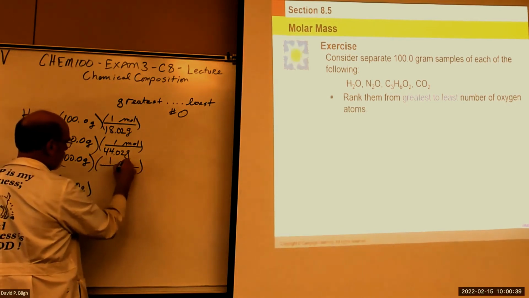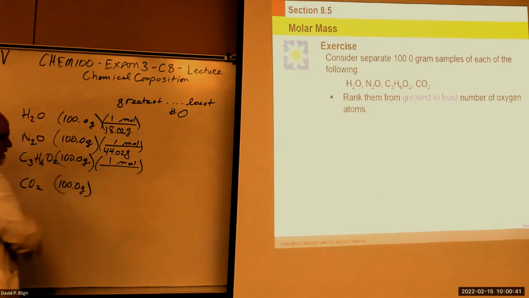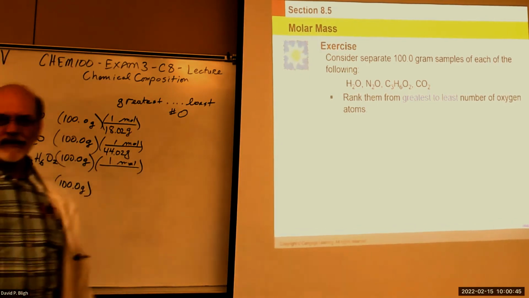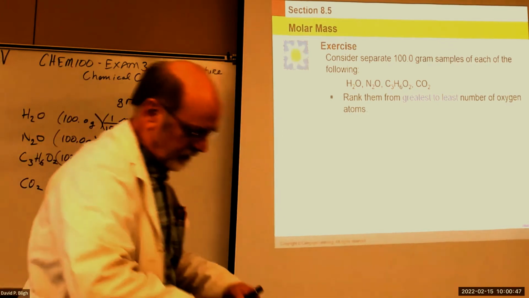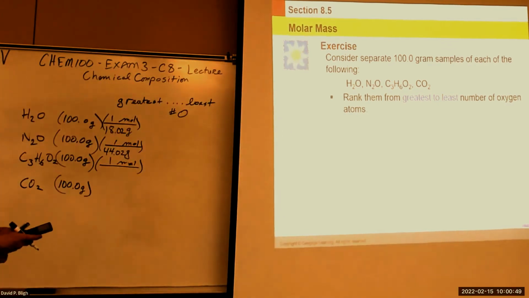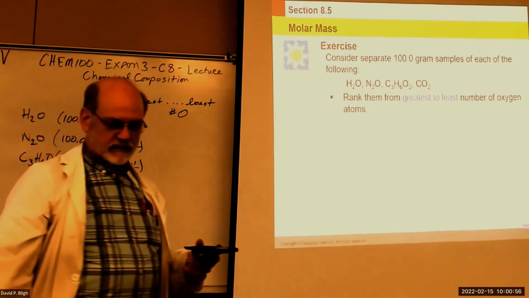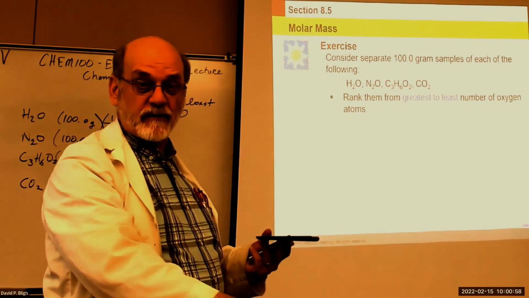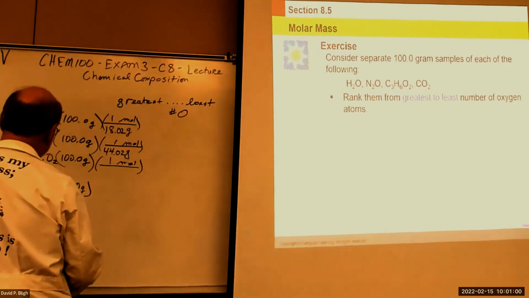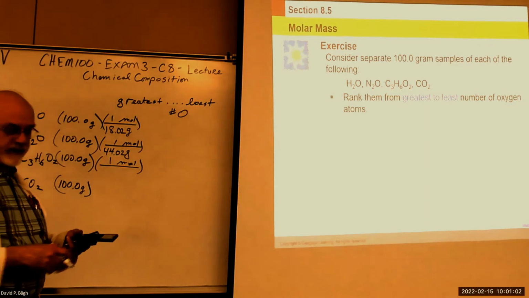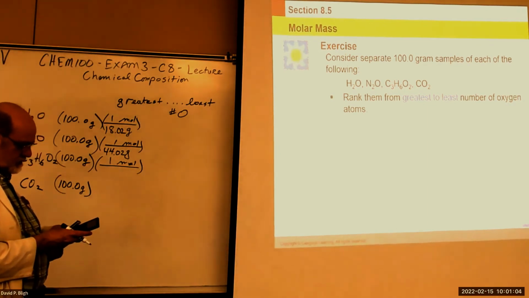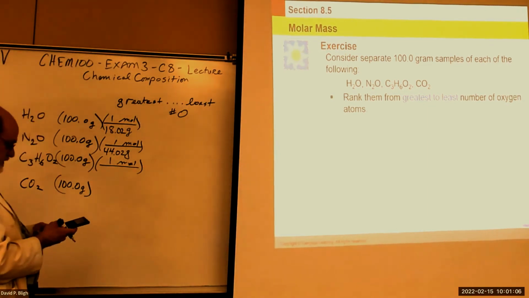Right. 1 mole of that compound is what mass? Well, we need 3 carbons. I'm going to use my calculator for this one. We need 3 carbons at 12.01. Where did I get that? From the periodic table. Carbon, 12.01 grams per mole. And then hydrogen is 1.01 times 6.